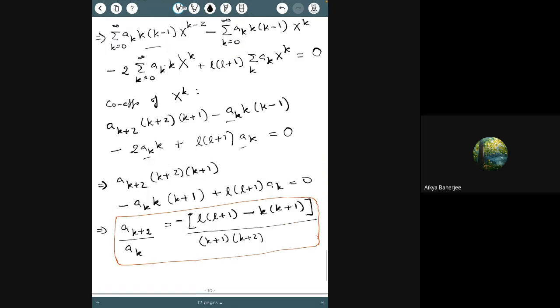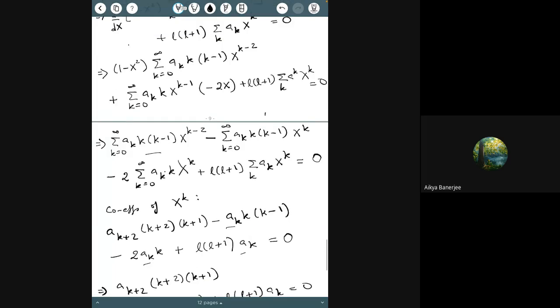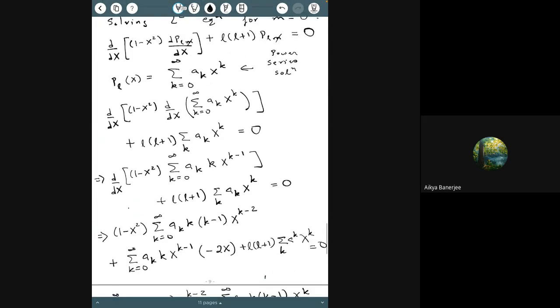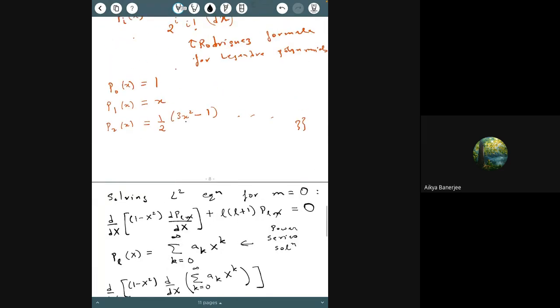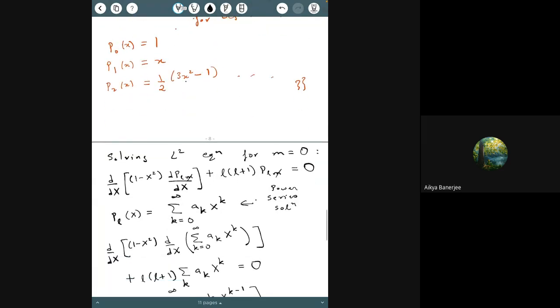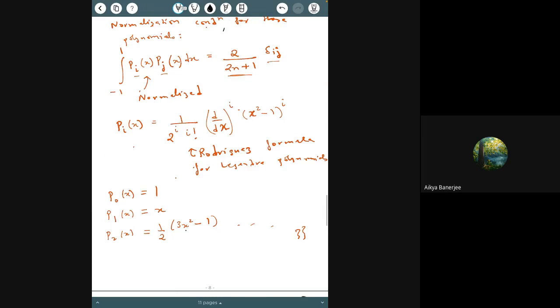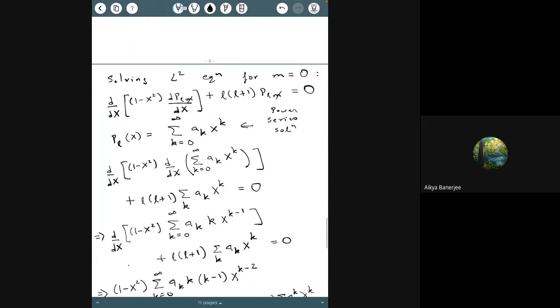So in the power series solution, at the points where x is equal to 1 or -1, the series does not converge. It will diverge because this is an infinite series. So where did I write the solution? Power series solution. Oh, here.